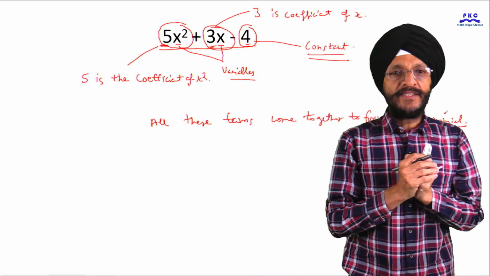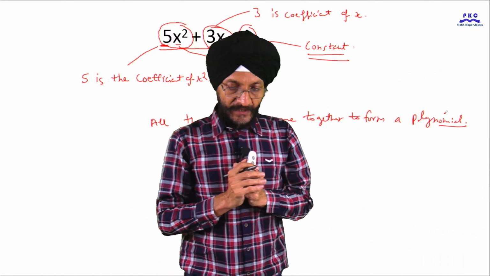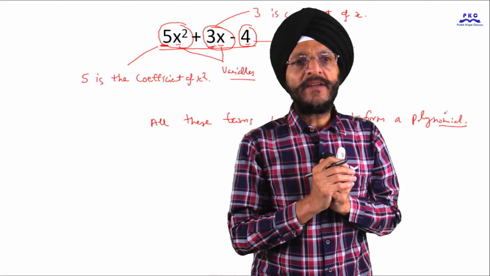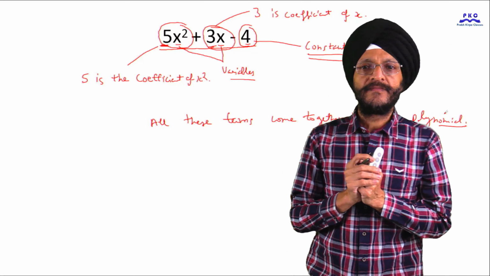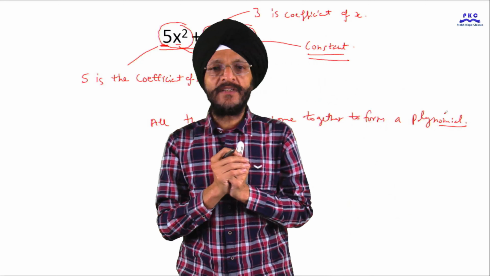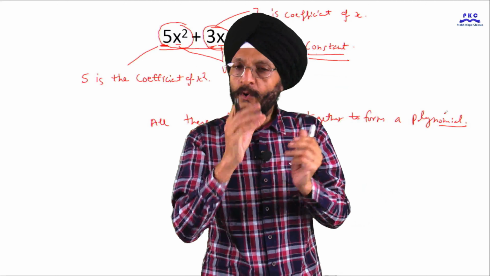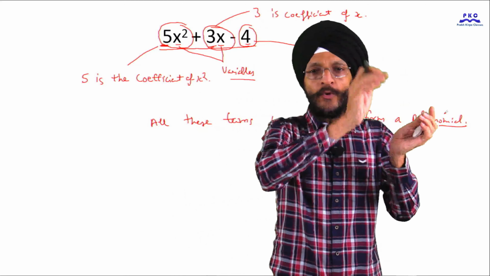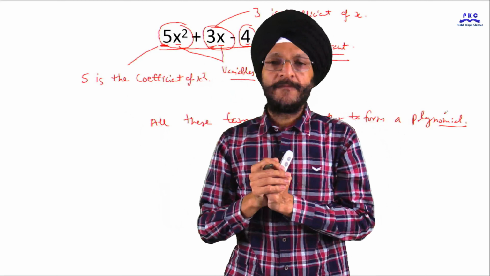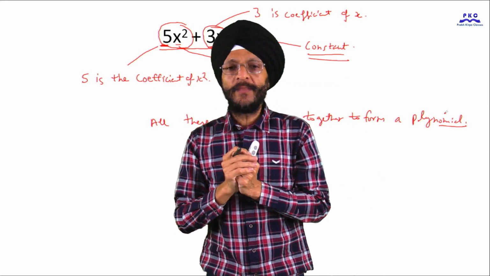Now the question arises whether a polynomial can consist of a single term. We had raised this question earlier, because we had learnt that poly means many, nomial means terms, polynomial means many terms. Whether a single term can form a polynomial.